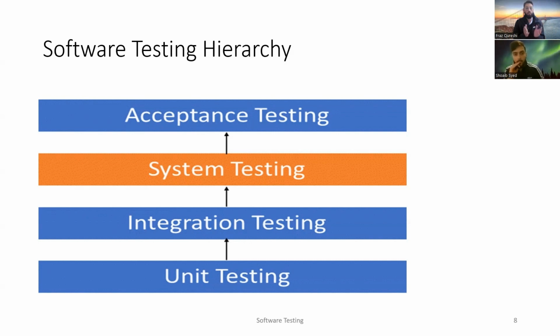Now, let's talk about system testing. System testing is, as the name suggests, one whole system. In the application, there are a lot of small systems that come together and make one big system. So in system testing, you test everything from, let's say, point A all the way to point Z. One whole system gets tested.